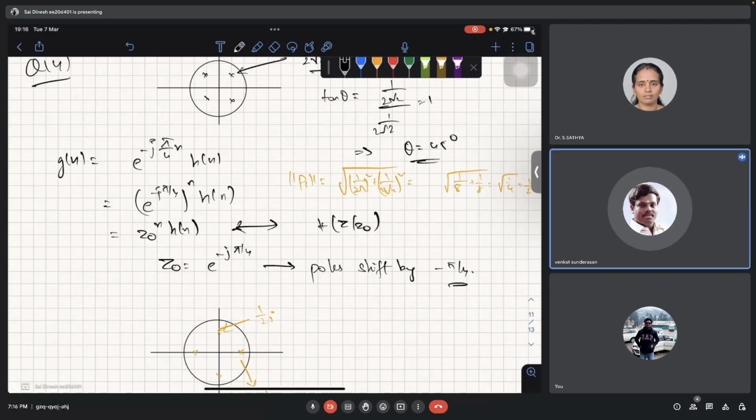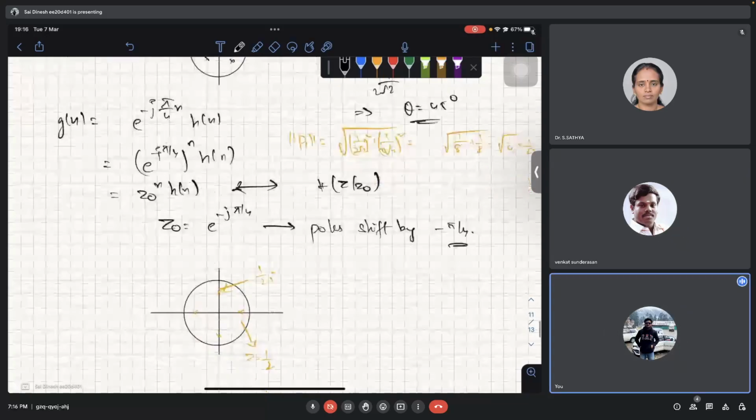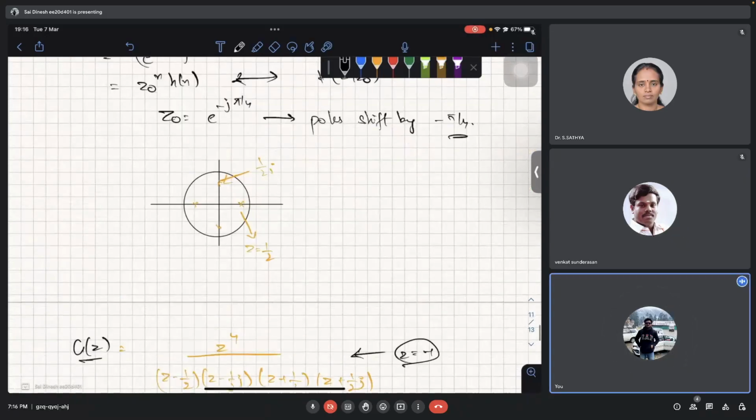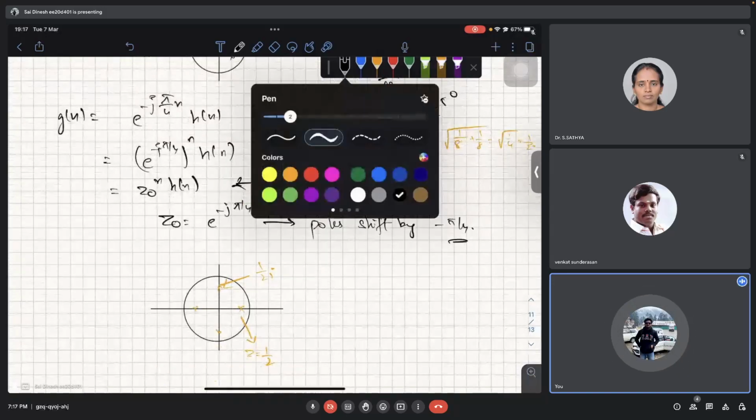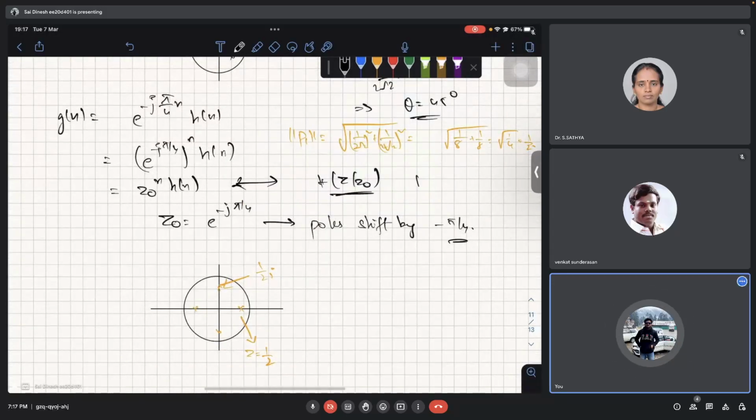Sir, she is asking that they are giving minus pi by 4, not e power minus j by 4, so how do the poles have to be shifted? Yes, exactly.